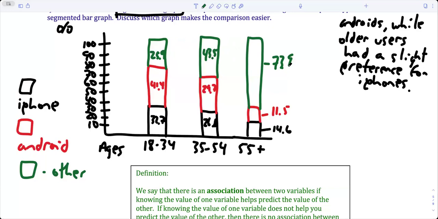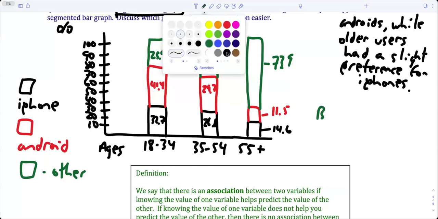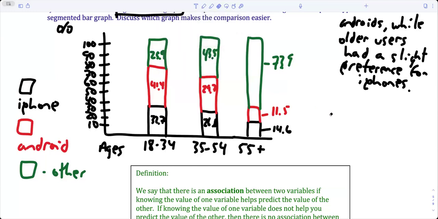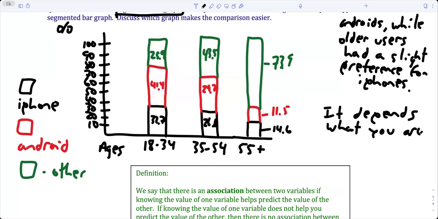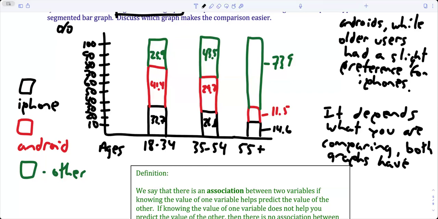So I would say it depends. If you are comparing, both graphs have certain advantages.